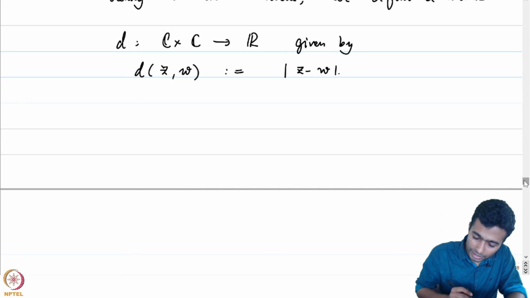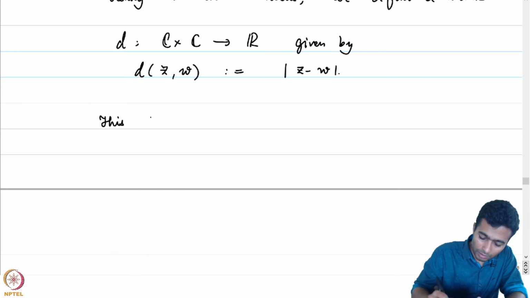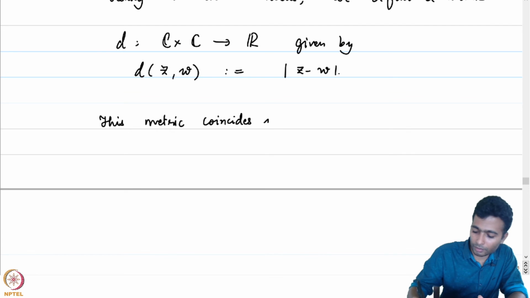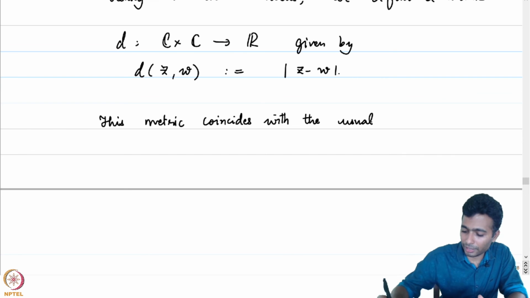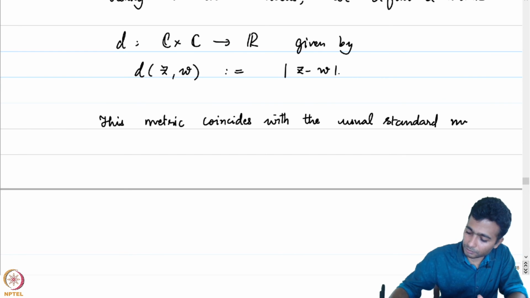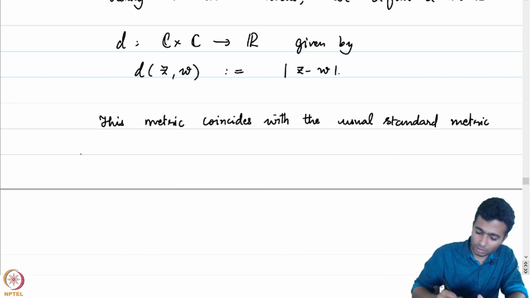So this metric coincides with the usual standard metric on R2.